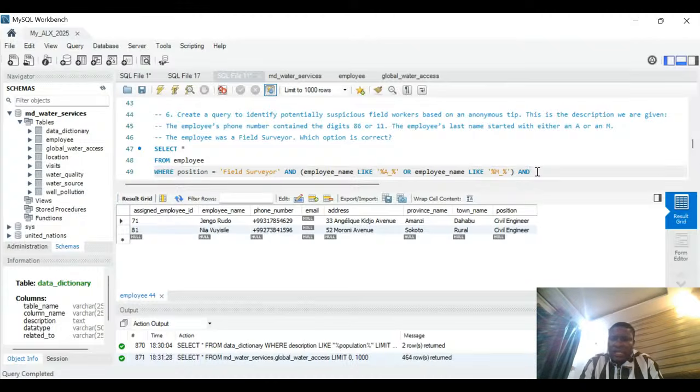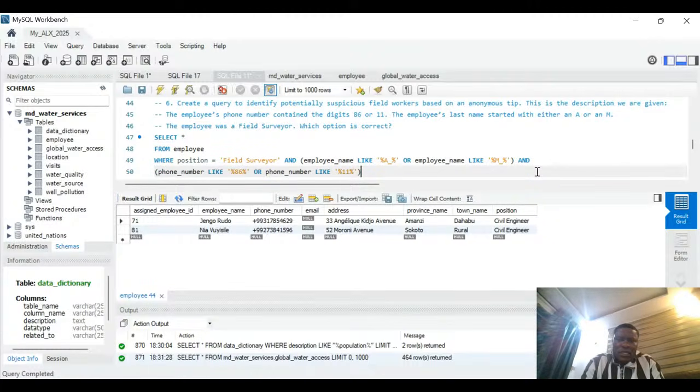This is how I put that expression. And again, we also want to see their phone numbers. And we say the phone numbers may contain 86 or 11. So this is the expression to look for phone numbers that contain the figures 86 and 11.